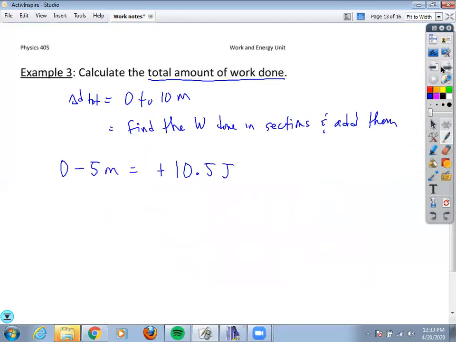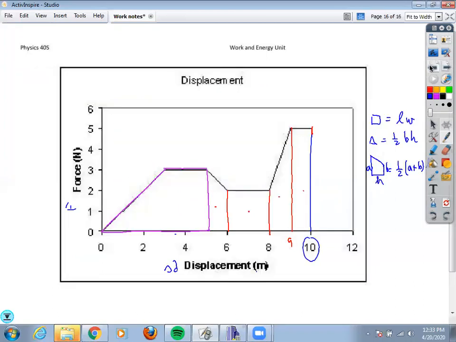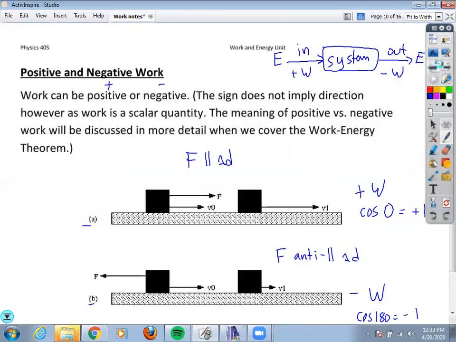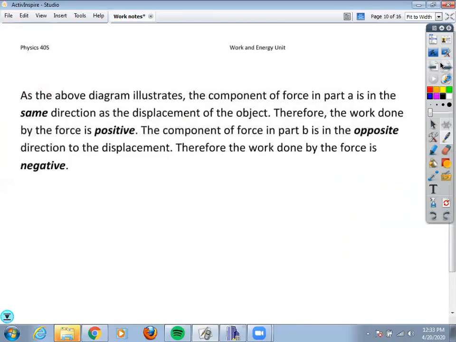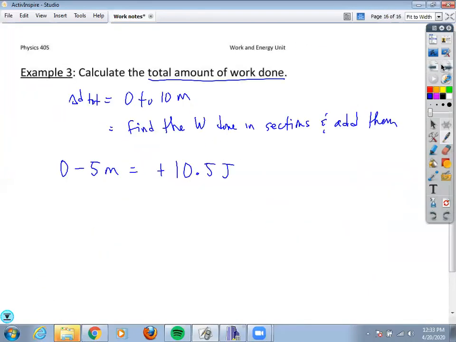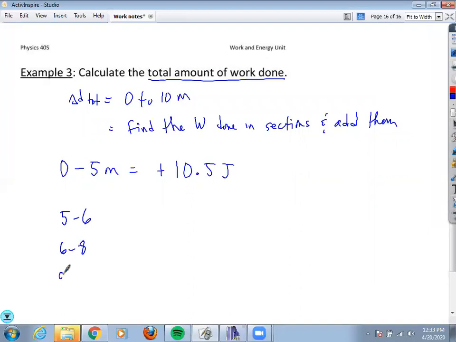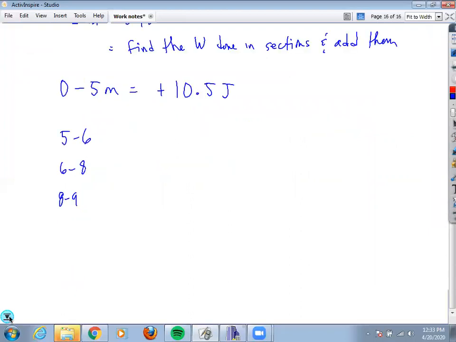Okay, so we've got 5 to 6. Six to 8, 8 to 9, 9 to 10.